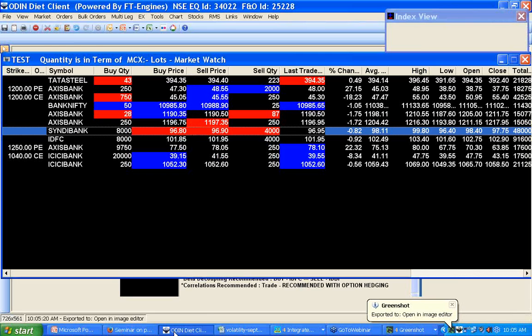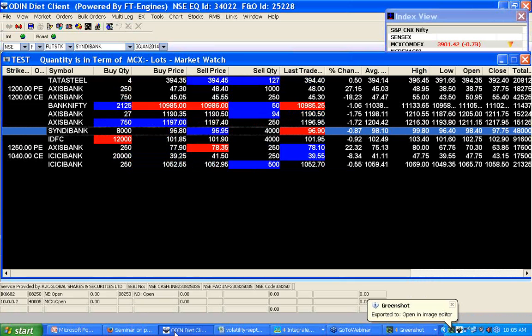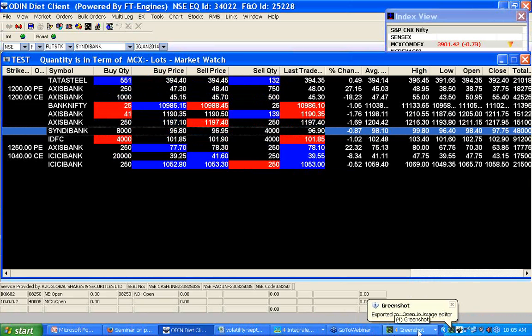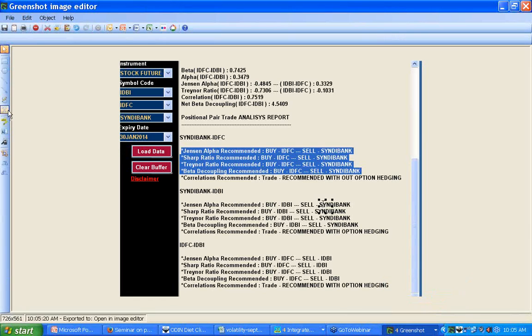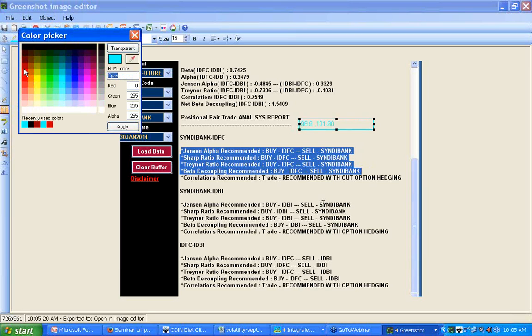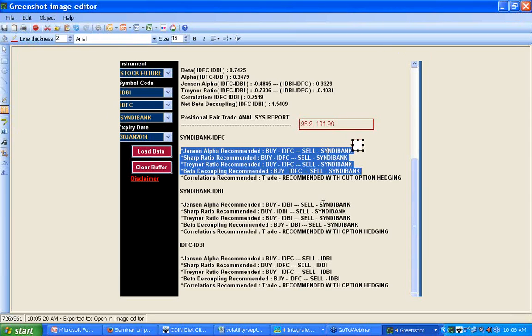The prices which we have clocked here are 96.9 and 101.9.